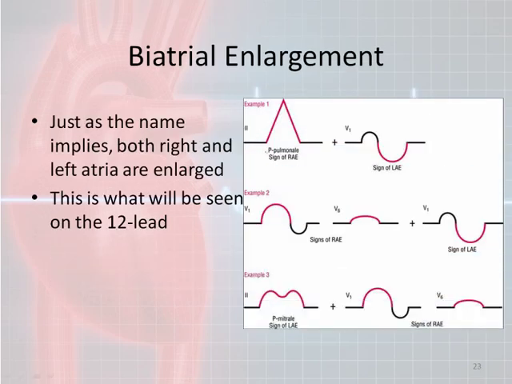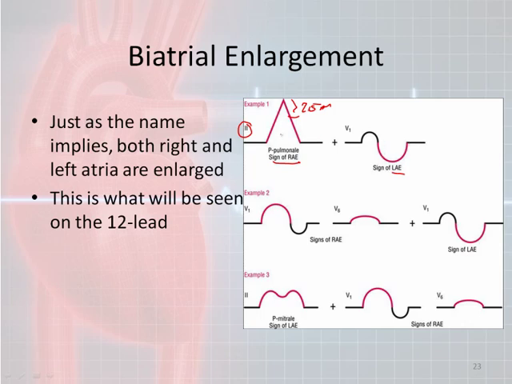Let's look at example 1 up here. Let's say in lead 2 you have signs of right atrial enlargement, so you have a peaked P wave, the height greater than or equal to 2.5 millimeters. But then you look in V1 and you now see signs of left atrial enlargement due to the larger terminal scooping.